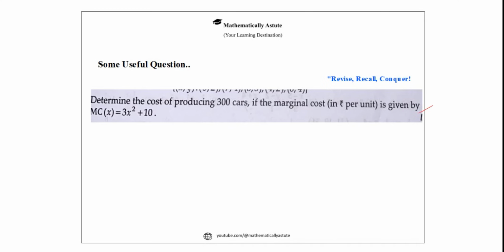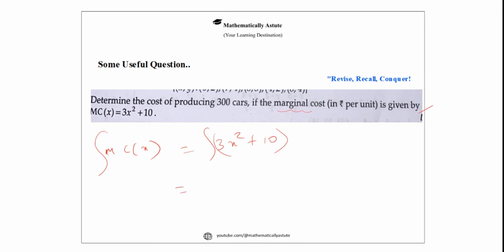Here we need to find the cost of producing 300 cars if the marginal cost is given. The term marginal means differentiation. And from differentiation they are asking you the cost, then we need to reverse the differentiation, and the reverse of differentiation is integration. So simply we need to integrate 3x squared plus 10 with respect to x.